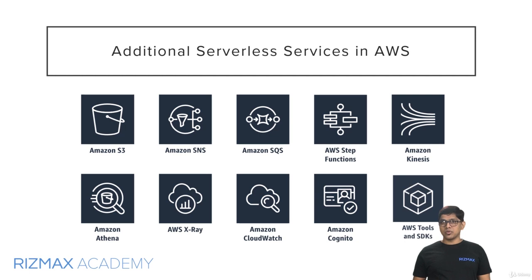AWS Lambda supports several programming languages like Node.js or JavaScript, Python, Java, C#, .NET Core, and also Google Go. Throughout this course, we'll build several demos and learn how to make use of these services within our serverless applications. In the next lecture, let's go over some of the prominent use cases for the serverless architecture.